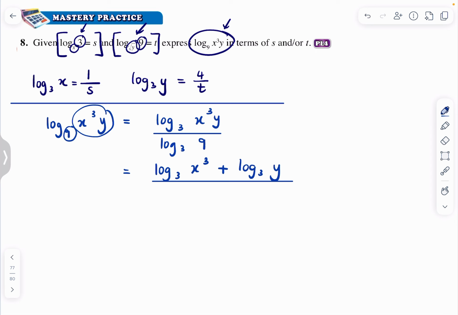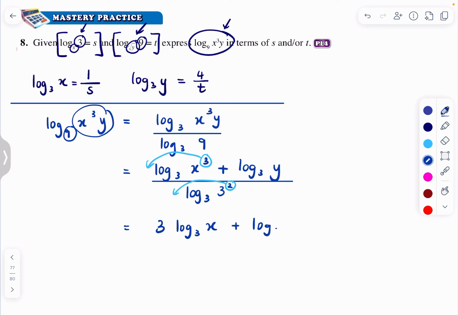Then down here, log 9 we can change to 3 squared. Power we bring down, this power also we bring down. So this becomes 3 log_3 x plus log_3 y over 2 log_3 3. Log_3 3 is just 1.